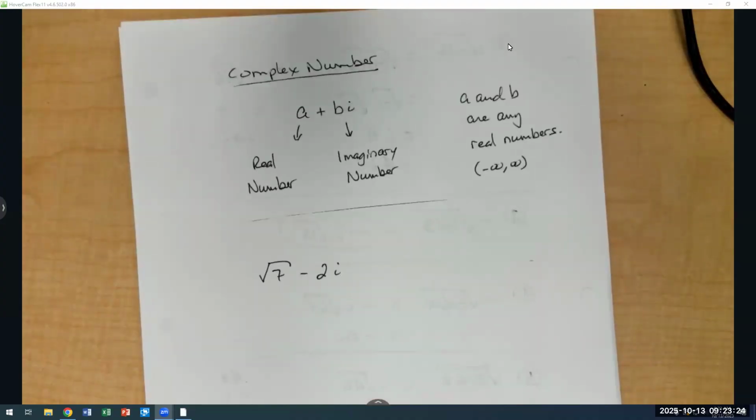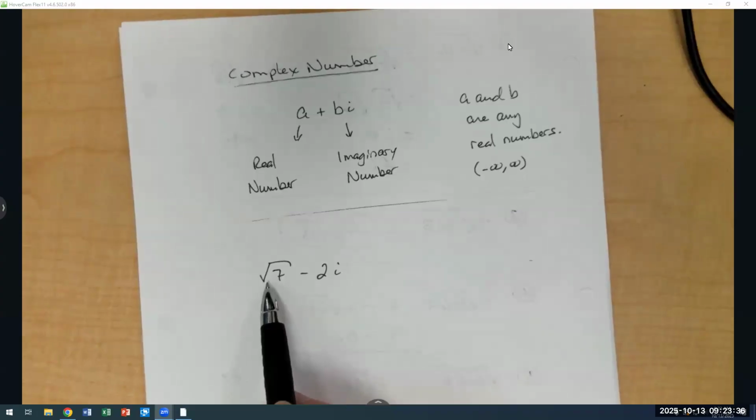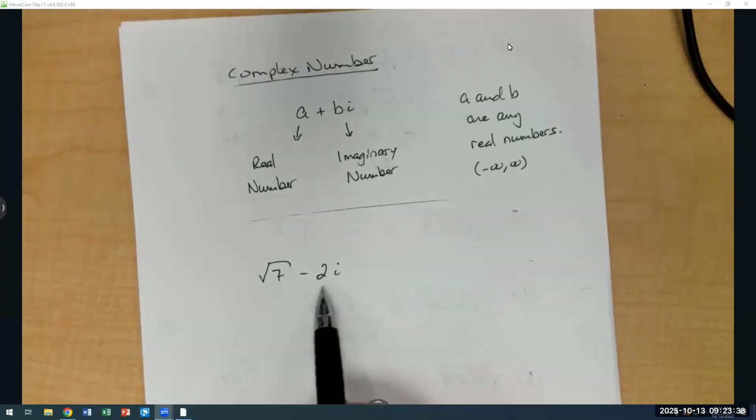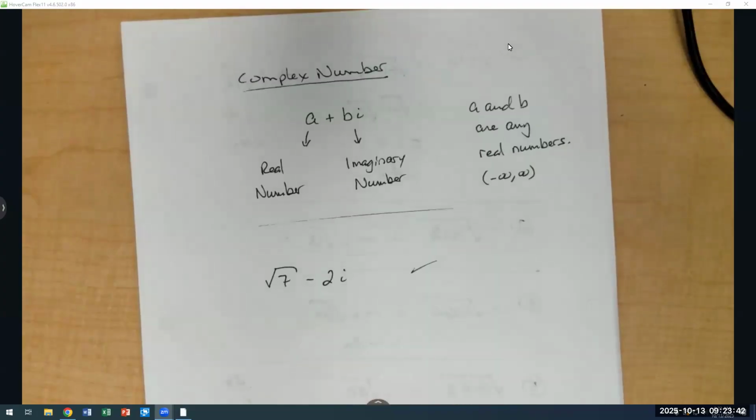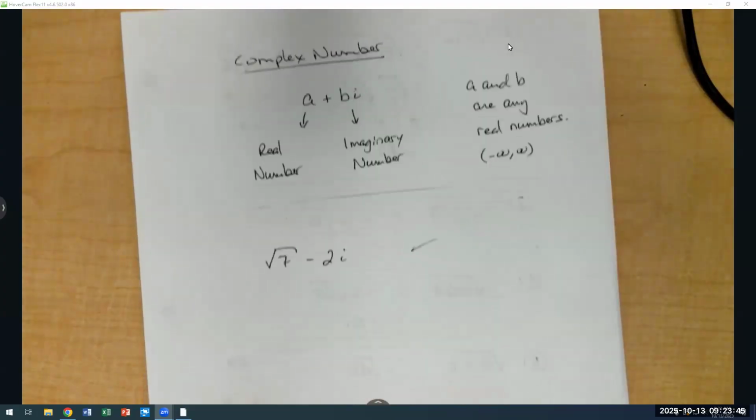Is that a complex number? Yes. Is square root of 7 between negative infinity and positive infinity? Yes. Is 2 between negative infinity and positive infinity? Yes. So this is a complex number.